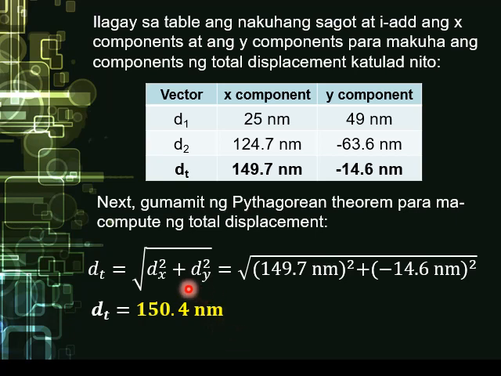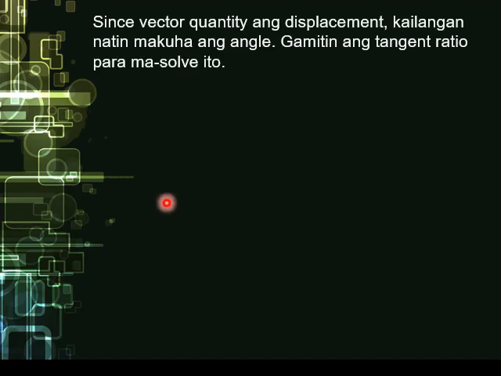Okay, but remember, this one is only the pinaka-answer niya na hindi pa kasama yung direction. So, paano natin mako-compute yung direction? Okay, so since vector quantity ang displacement, kailangan natin makuha ang angle.